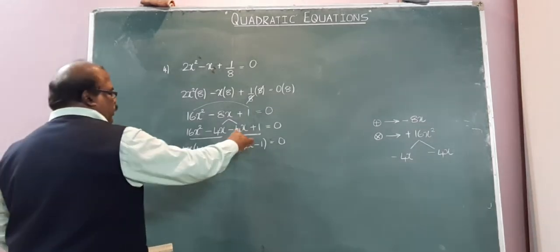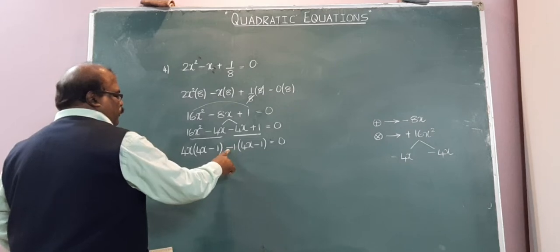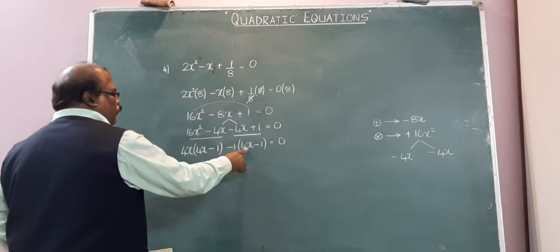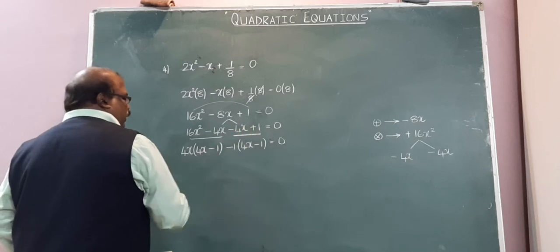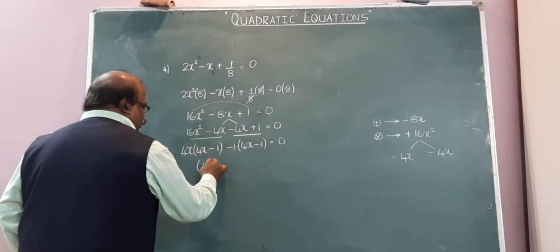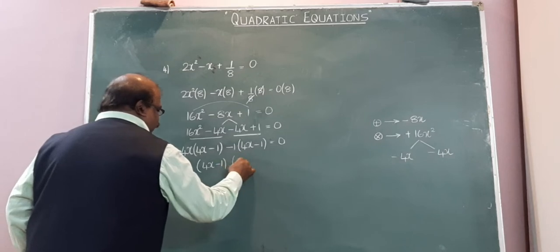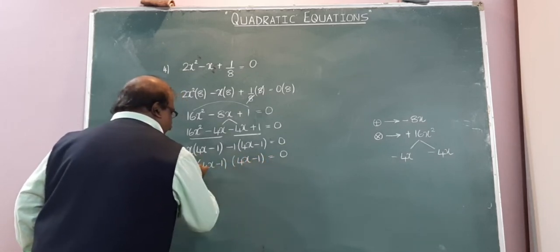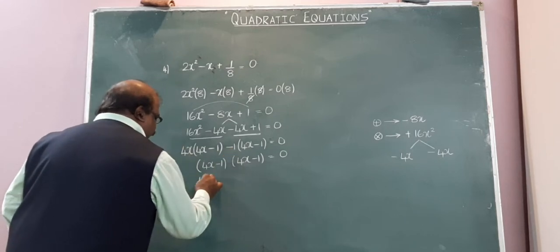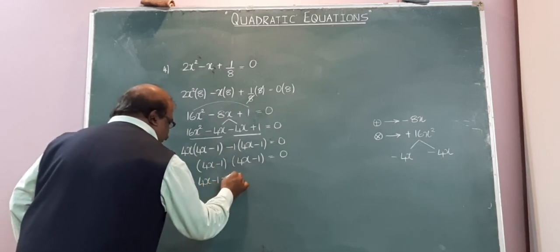Since no other number is common, so 1, just check. Minus into plus, minus. 1 into 4x, 4x. Minus into minus plus, 1 into 1, 1. So you get 4x minus 1. Outside also you are getting 4x minus 1. 4x minus 1. Equate each of these factors to 0.